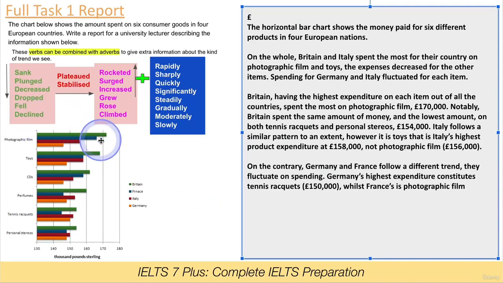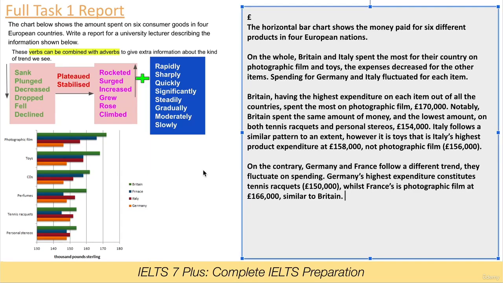And then, what do we have? That's Britain. France is in blue, about 166. So it's similar to Britain. At 166,000. And then we can put similar to Britain. Okay, what else can we draw upon?